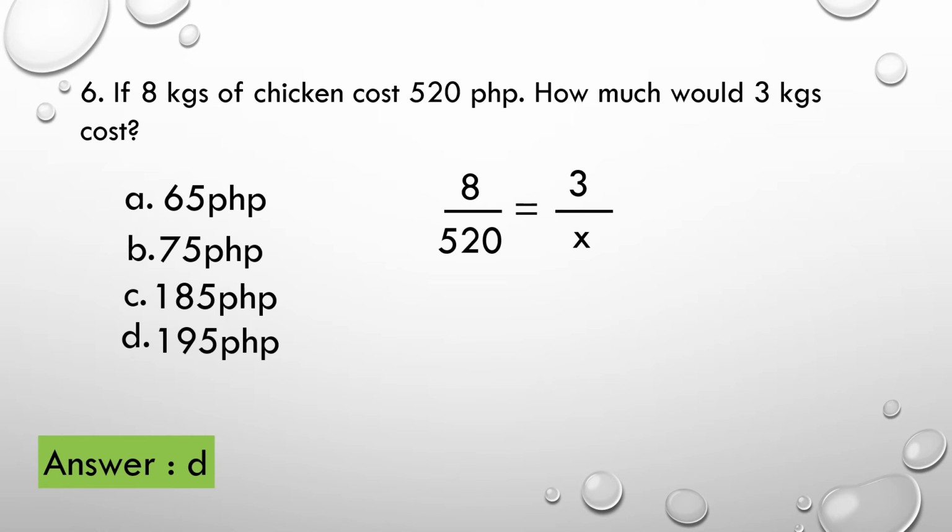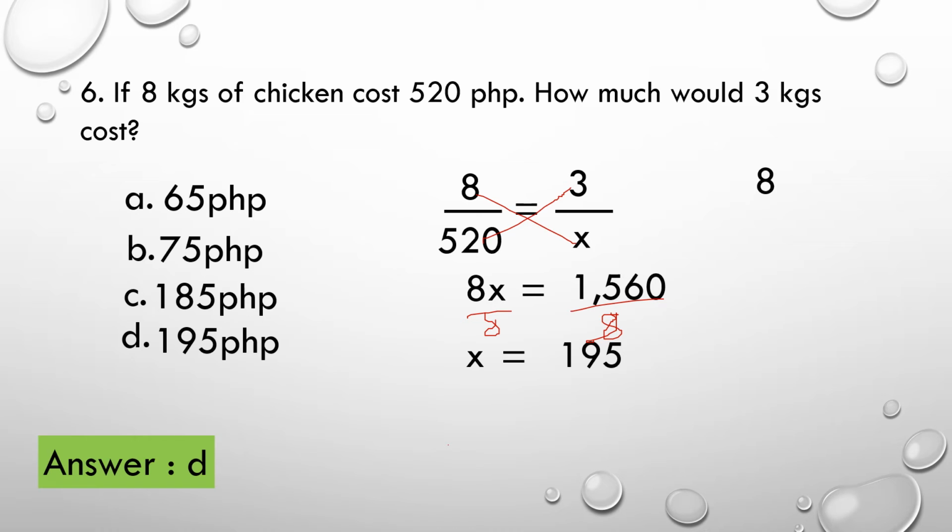So now you're just going to cross multiply, like this. So that is now equal to 8x, and then 520 times 3, that is 1,560. Then you can divide both sides of the equation by 8, and that is equal to 195. So x is equal to 195.